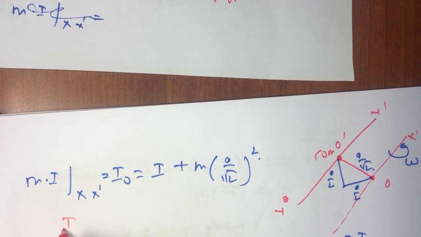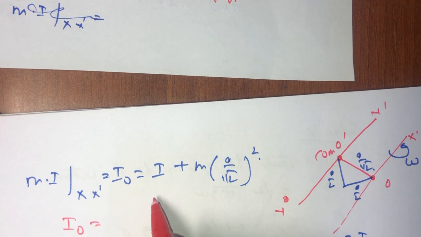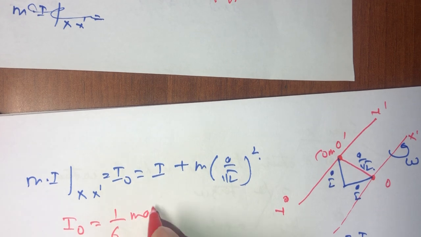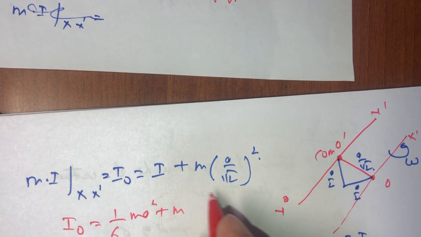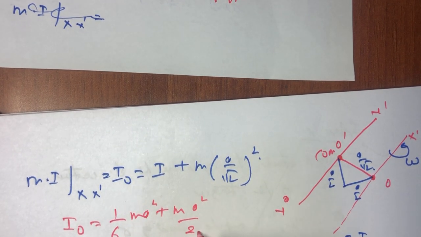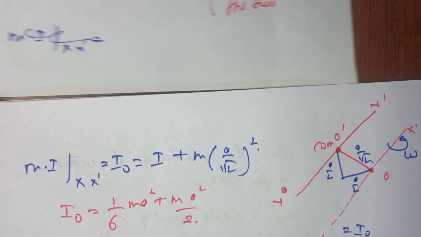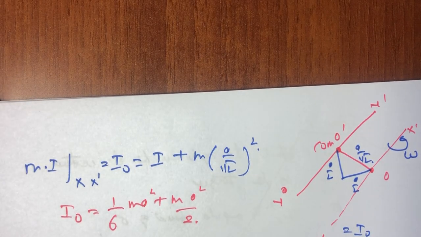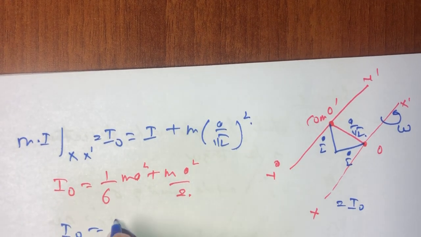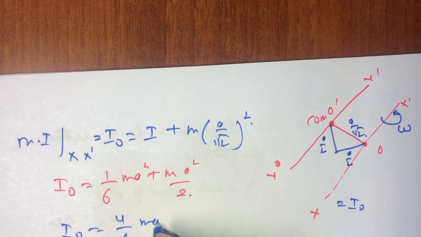Therefore we can say that our I naught, value of I we already know, that is given as 1 by 6 ma square plus mass, and this comes a square divided by 2. And if we solve it, we get I naught is equal to 4 by 6 ma square.